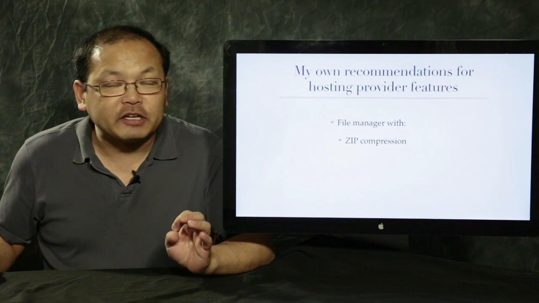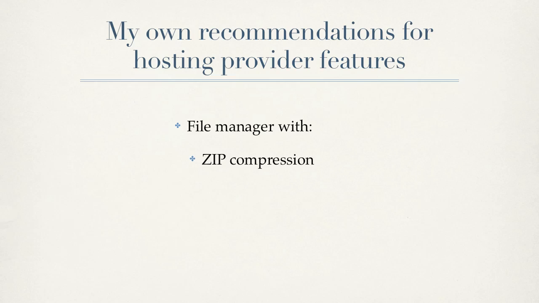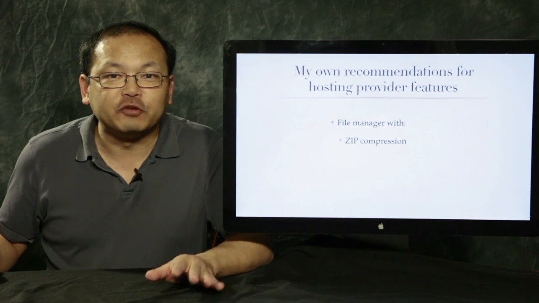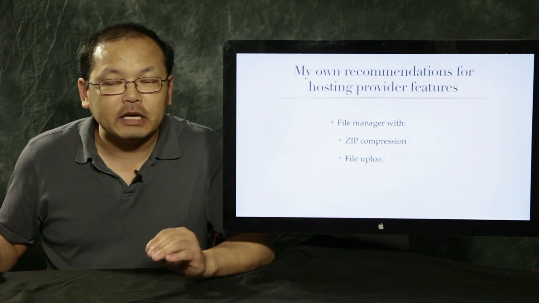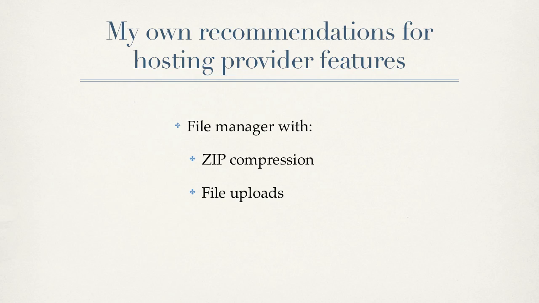What that file manager should have is zip compression. That way you can send up a whole bunch of files, like WordPress itself, in one zip file. It means you have to be able to upload files to the file manager.